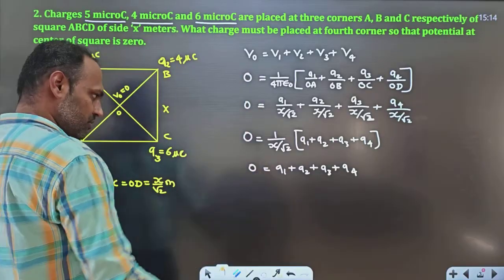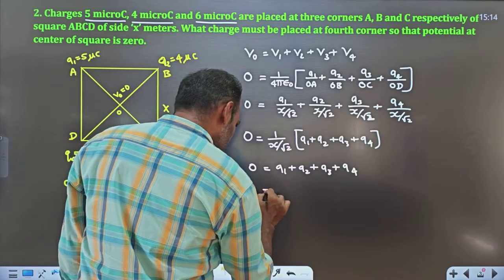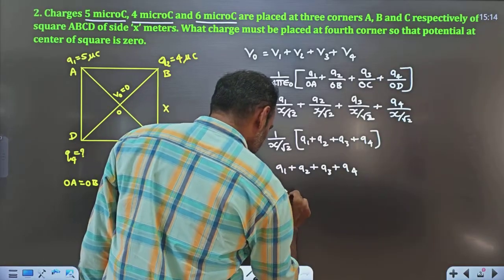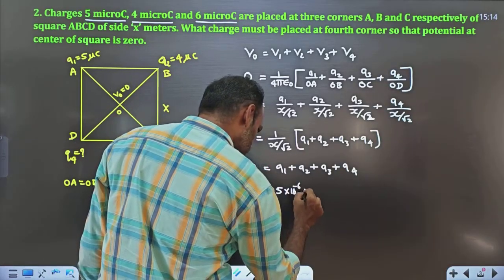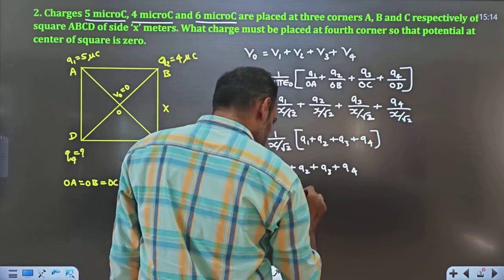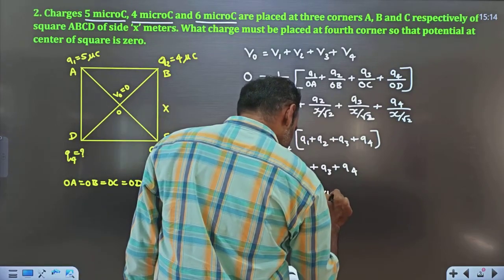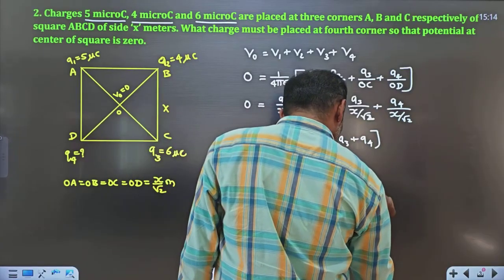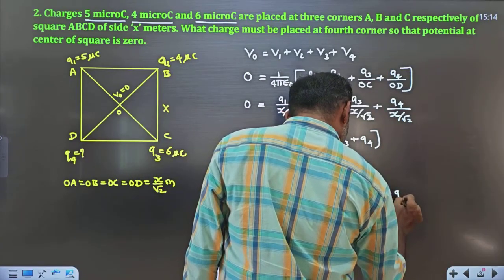Now substitute the values. What is q1? The Q1 value is 5 microcoulomb, so I will write it as 5 into 10 to the power minus 6. Micro means 10 to the power minus 6. Q2 is 4 microcoulomb, 4 into 10 to the power minus 6. Q3 is 6 microcoulomb, 6 into 10 to the power minus 6, plus Q4.